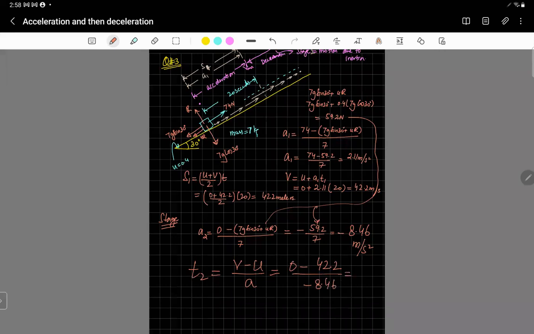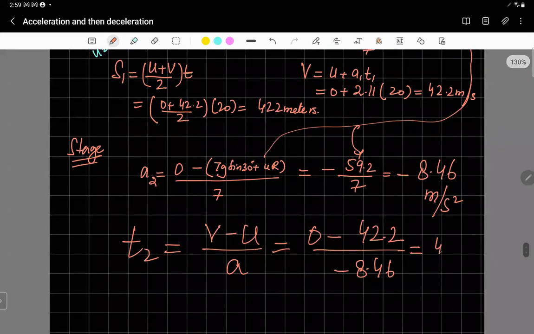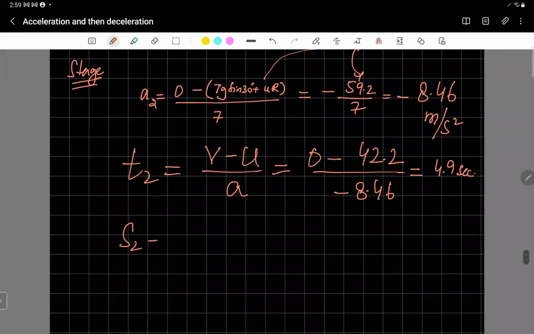Please calculate this time t2. 4.9 seconds.